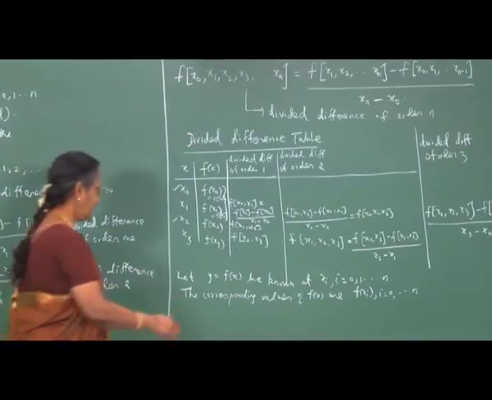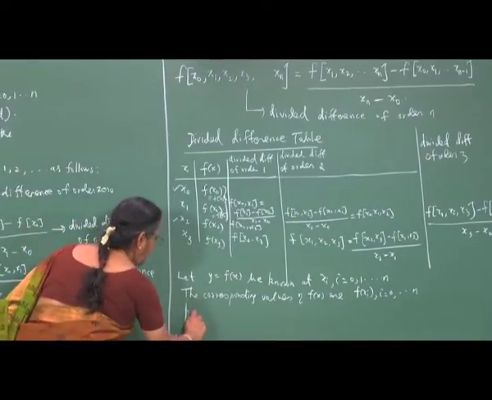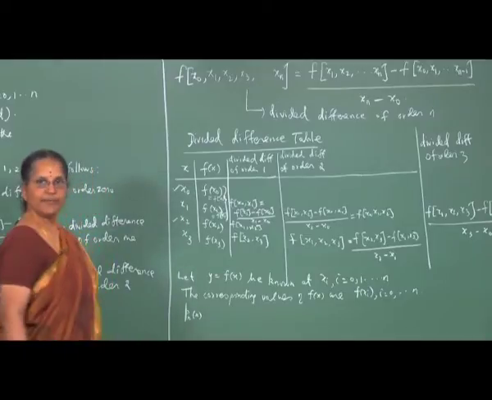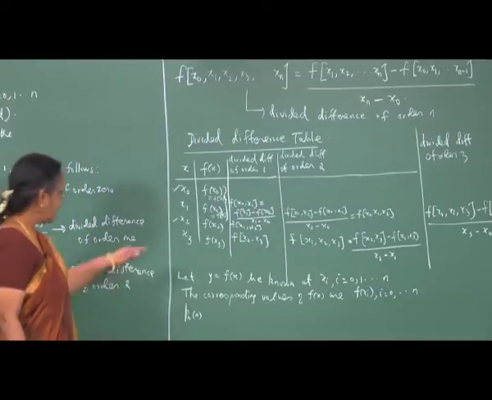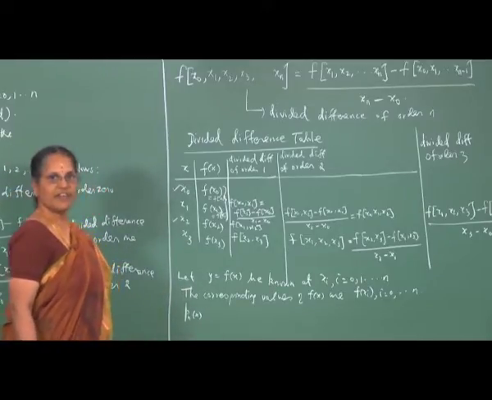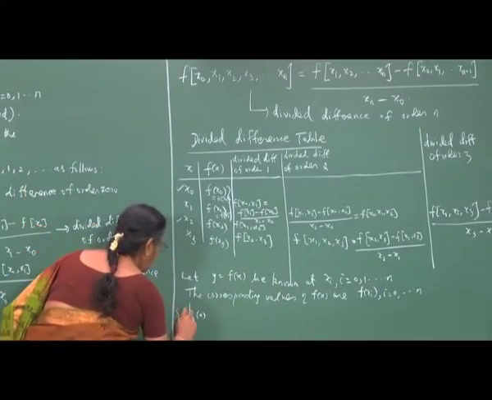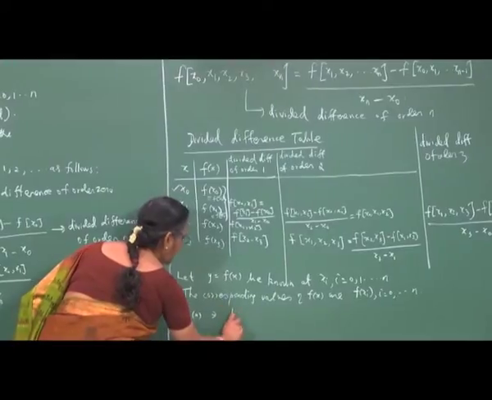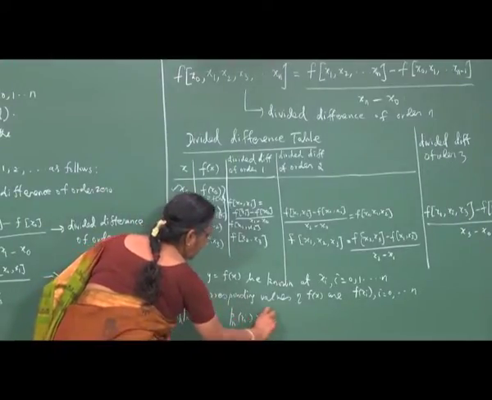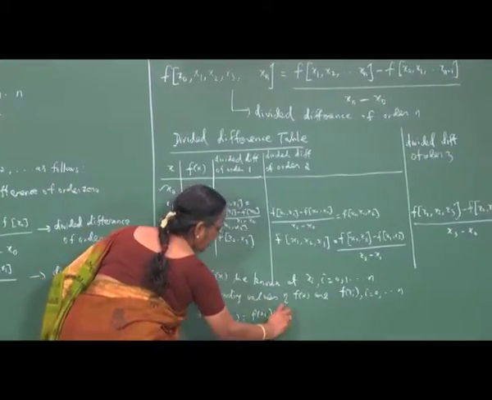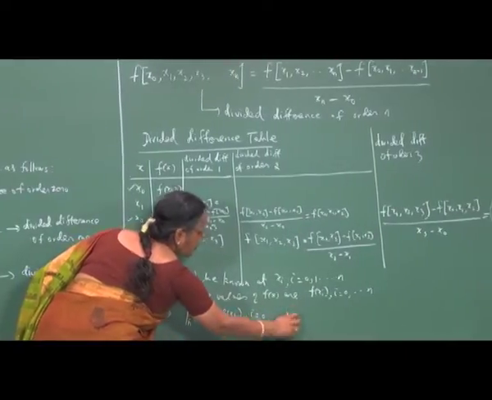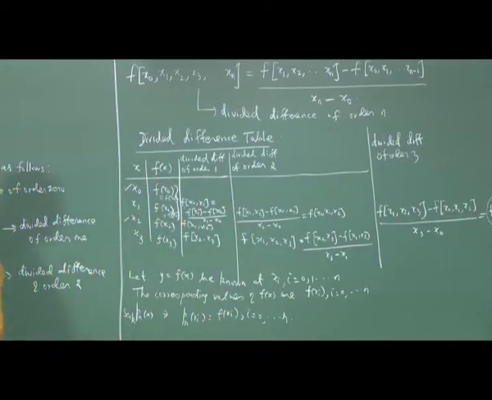So, I seek a polynomial Pn of x of degree at most n that interpolates this function f of x such that Pn at xi is f of xi for i is equal to 0, 1, 2, 3 up to n.